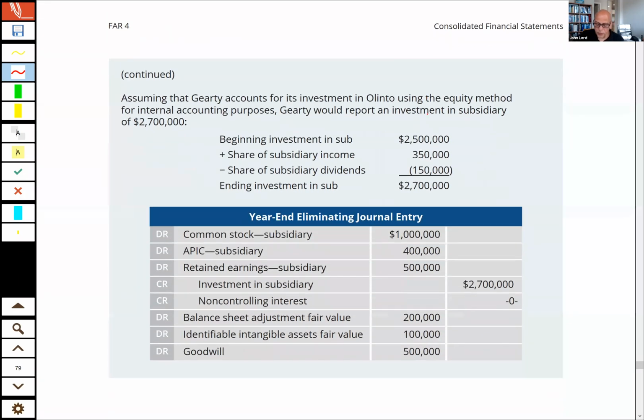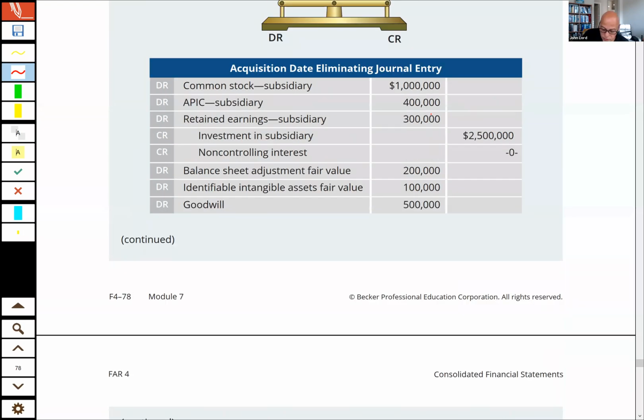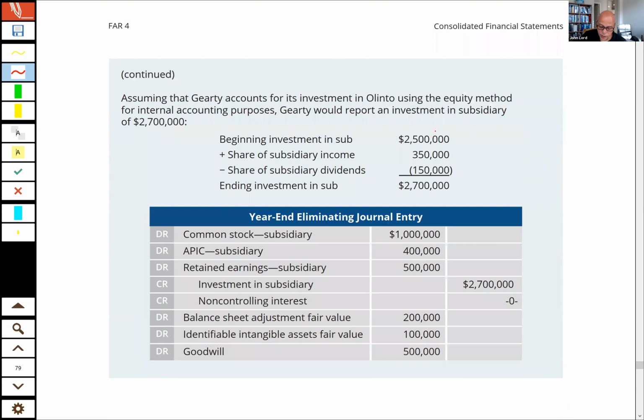With the investment account a year later, that was the entry up there to eliminate the beginning retained earnings, that 300,000, what it was at the date of acquisition. So everything that has to be set up at the date of acquisition, you would do that. And then you start to deal with things that happened during the year. The point here is that you would have to know how much would have been in the investment account by the year end, because remember, this parent would account for the subsidiary under the equity method.